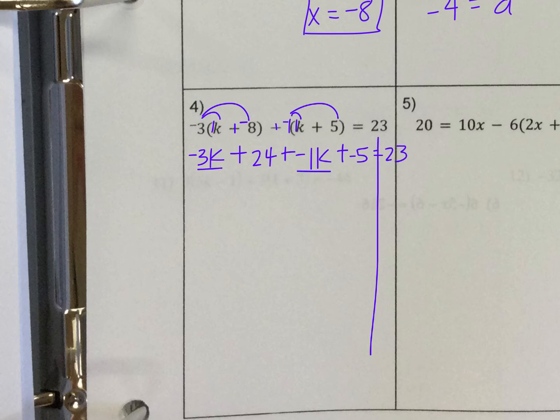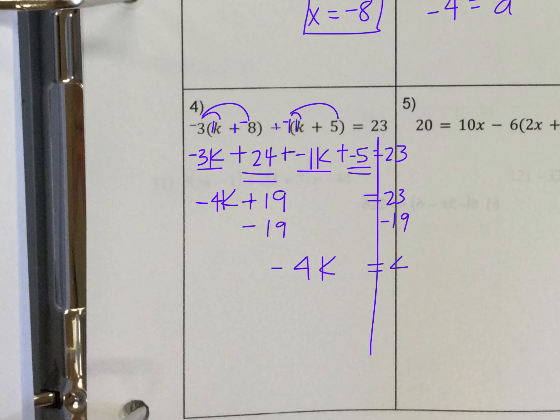Now I'm going to put the like terms together, old school baby math. Negative 4k. 24 plus negative 5 is positive 19 equals 23. I'm going to subtract 19 from both sides. I get negative 4k equals 4. Divide by negative 4. K is negative 1.